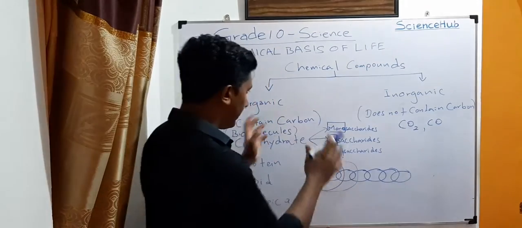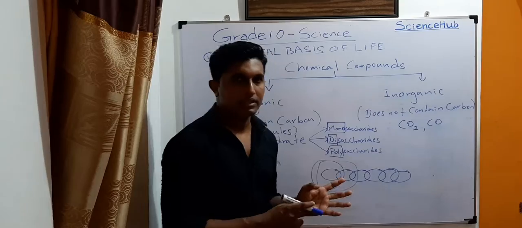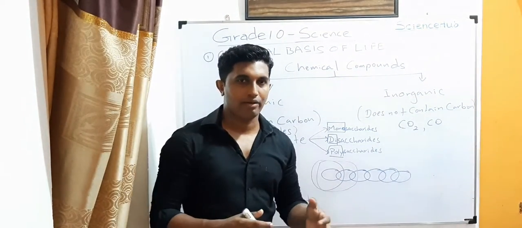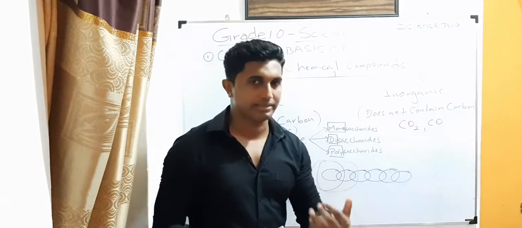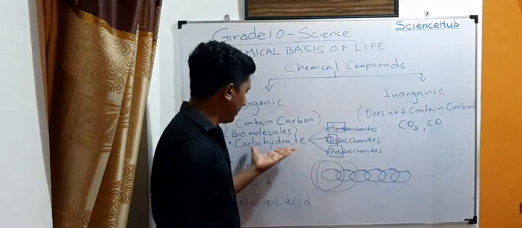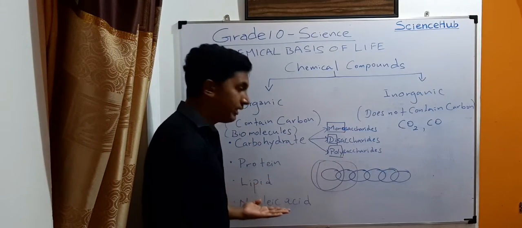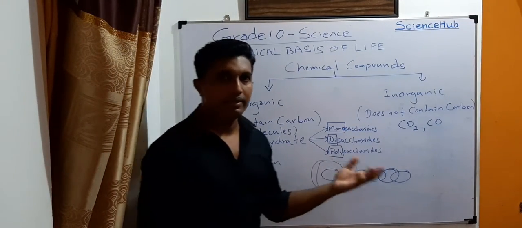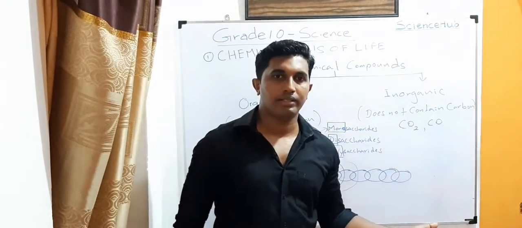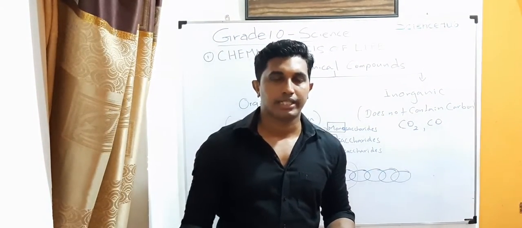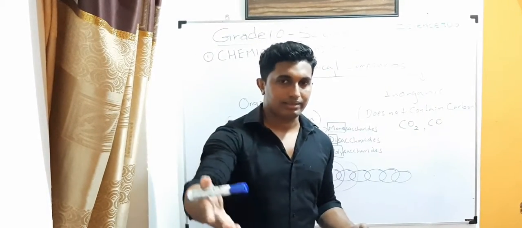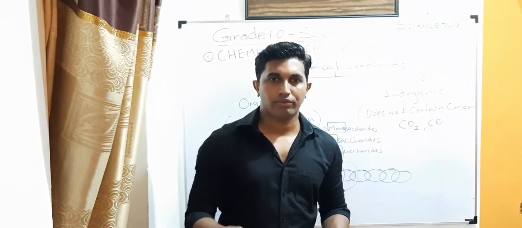Now this is the summary of this lesson. After studying this lesson, we have to explain carbohydrates, proteins, lipids, and nucleic acids one by one with their examples, and how to identify them using some lab tests. There are very simple lab tests in your book, and you have to memorize those things.